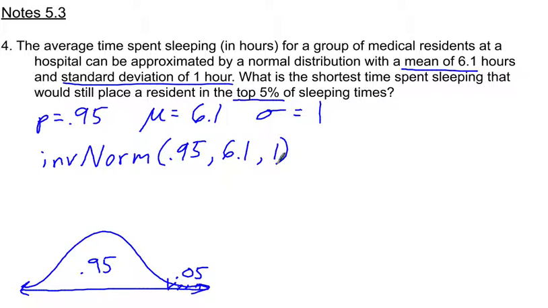And then whenever we enter that into the calculator, we get a data value of 7.74. So we would say sleeping 7.74 hours or more would place someone in the top 5%. So they're getting a lot of sleep compared to others.